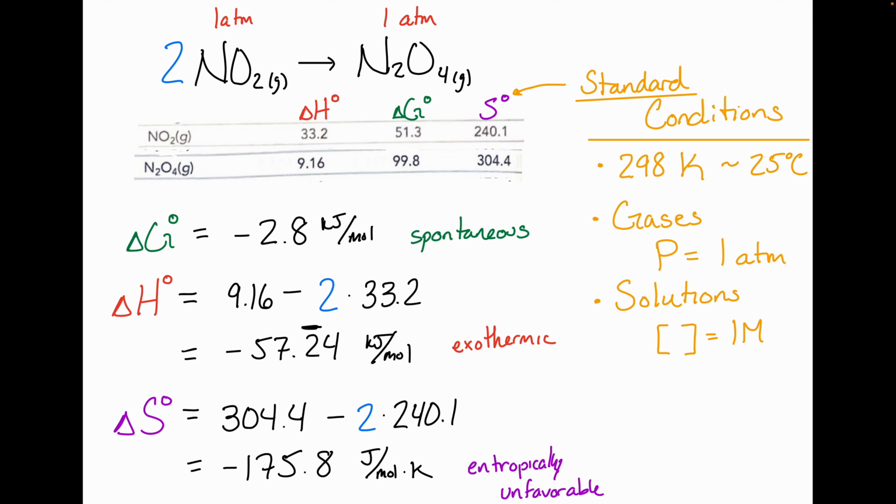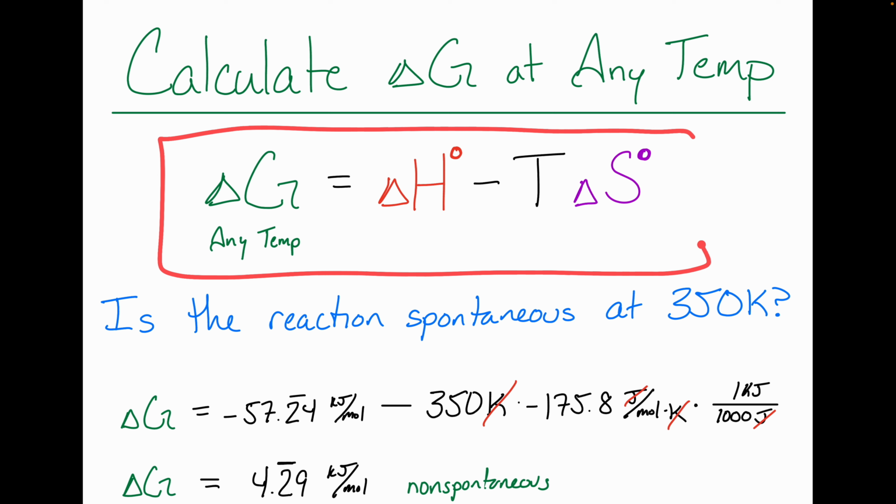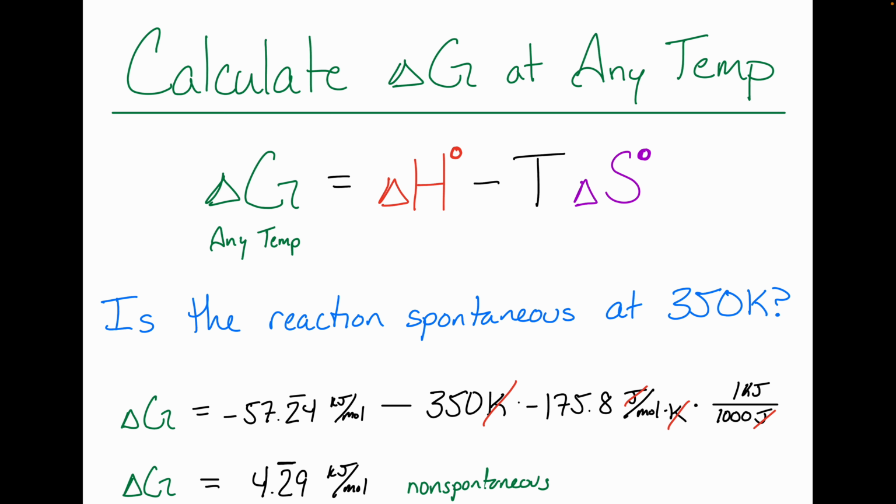If we want to change the temperature at all, delta G is really sensitive to temperature, so we can't use that standard value anymore. Instead, we have to use our relationship between delta G, delta H, and delta S. Using those standard values for enthalpy and entropy, we can approximate the delta G at any temperature.